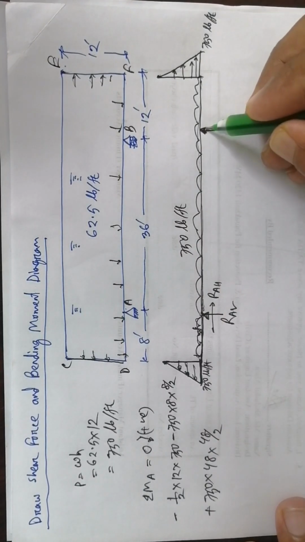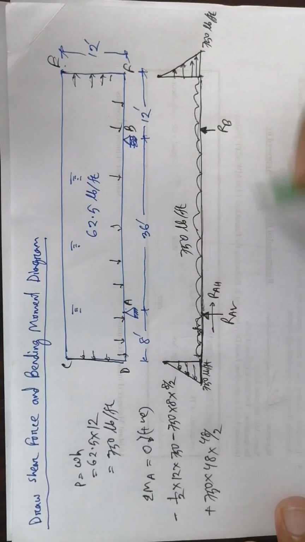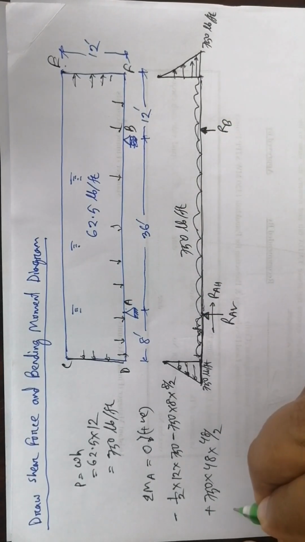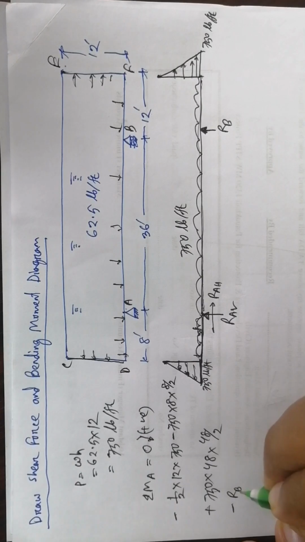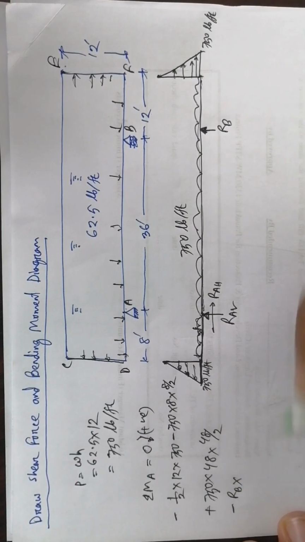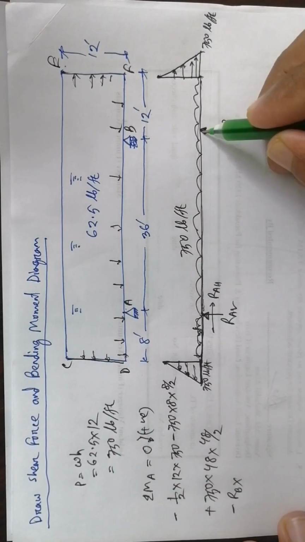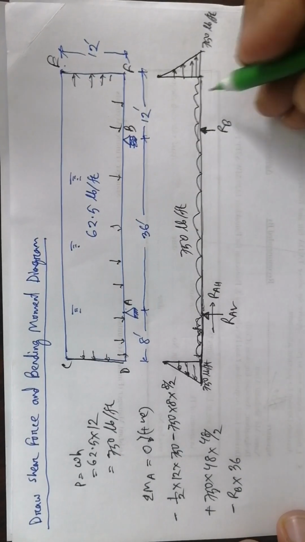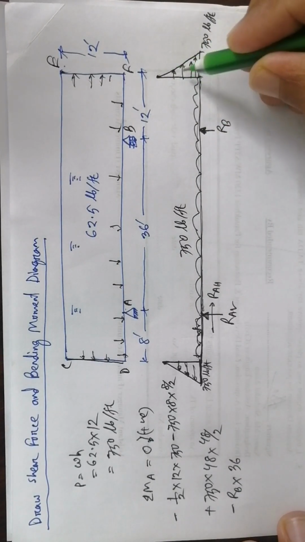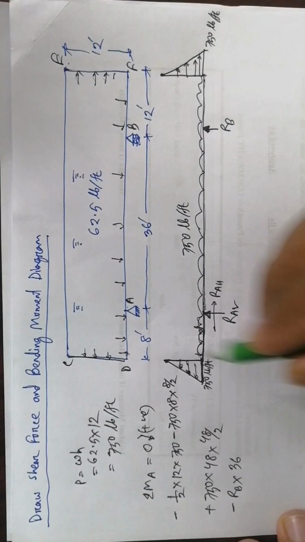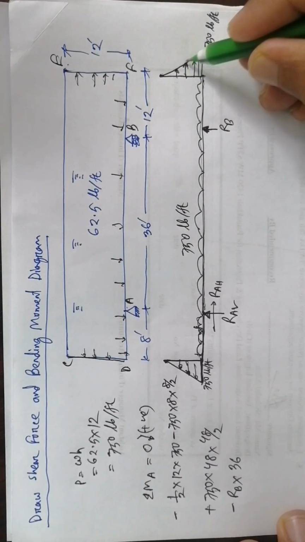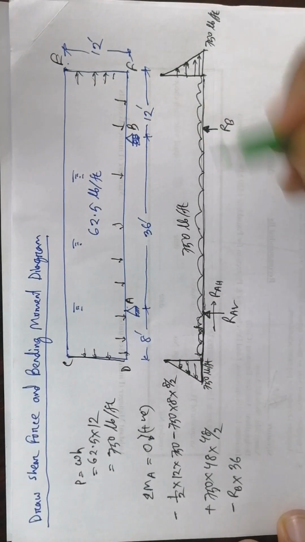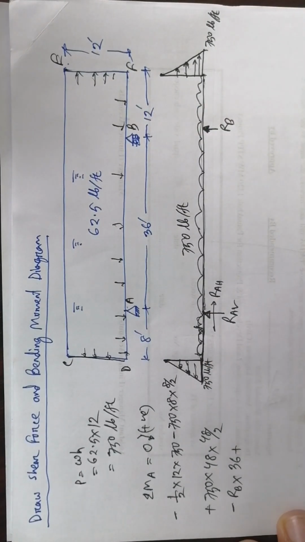Now this force, which is RB, is also anti-clockwise, so negative, minus RB into the distance from this to this, 36 feet. Now this is in the clockwise direction, which means positive.